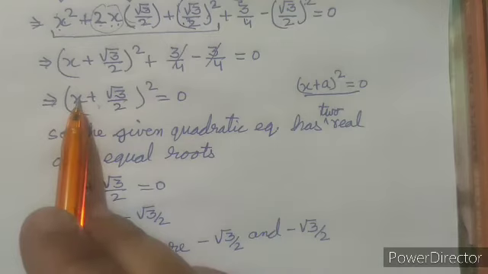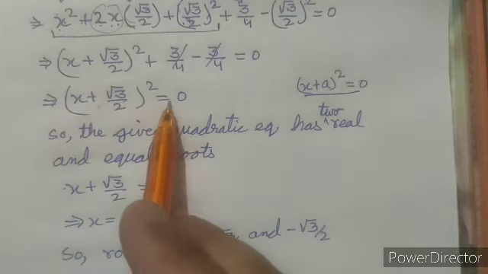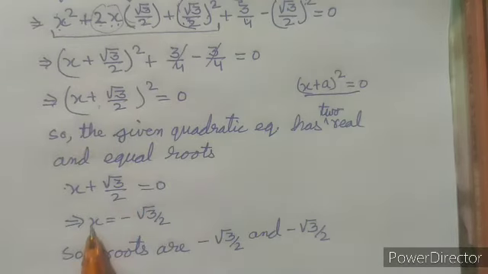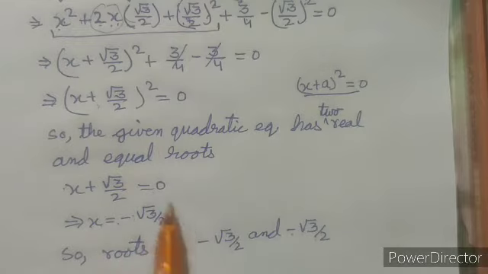So that means we will take x plus root 3 by 2 equal to 0, and that gives the value of x as minus root 3 by 2. So the roots are minus root 3 by 2 and minus root 3 by 2. As the roots were equal, we will take this root twice.